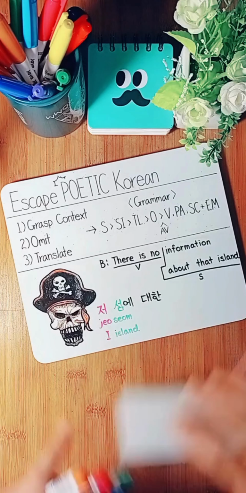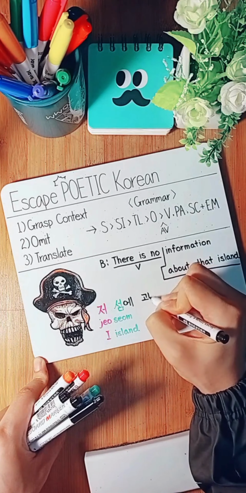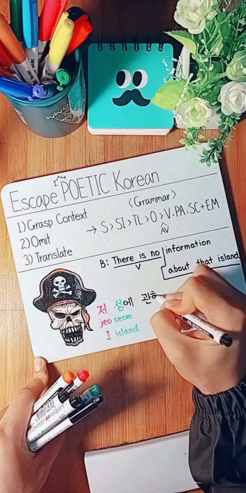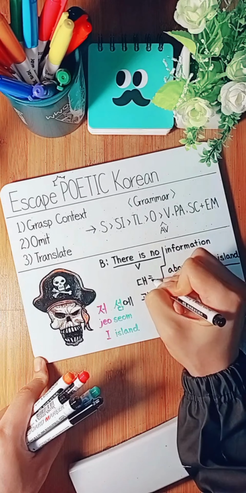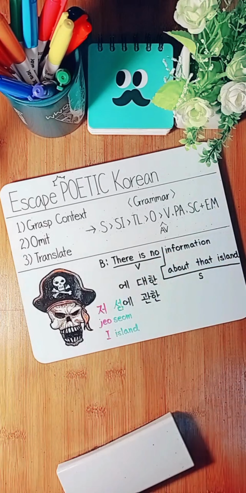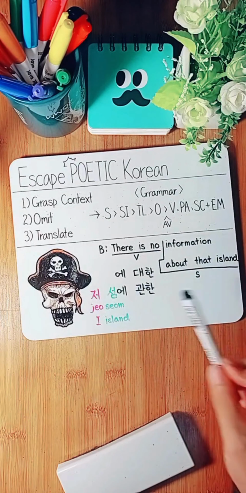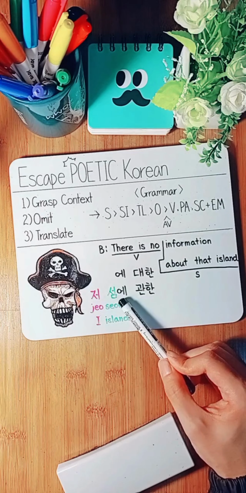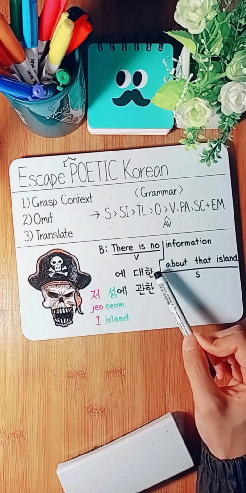Number two is 에 관한: 저 섬에 관한. I'll just write both of them at the same time. So the two ways that you can place "about" in between two nouns is to attach 에 관한 to the first noun, or 에 대한.